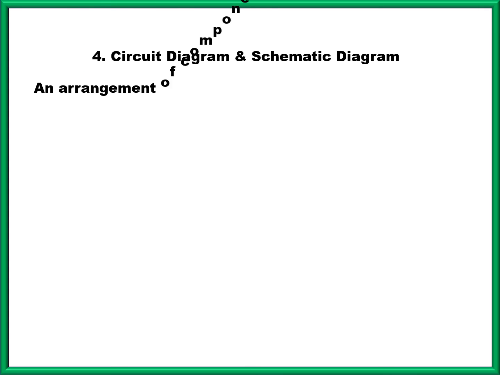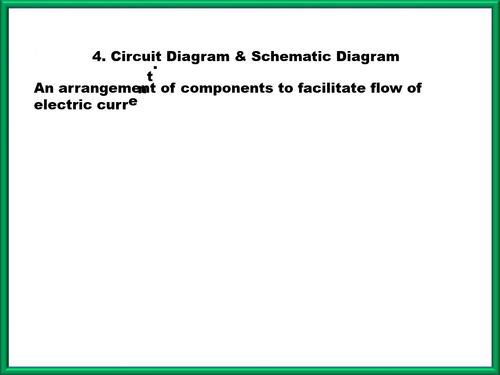Okay. The fourth point that we have studied: circuit diagram and schematic diagram. First, we'll see what a circuit diagram is. An arrangement of components to facilitate flow of electric current. A circuit diagram is an arrangement in which we put together the components so that electric current can pass. What is a schematic diagram?